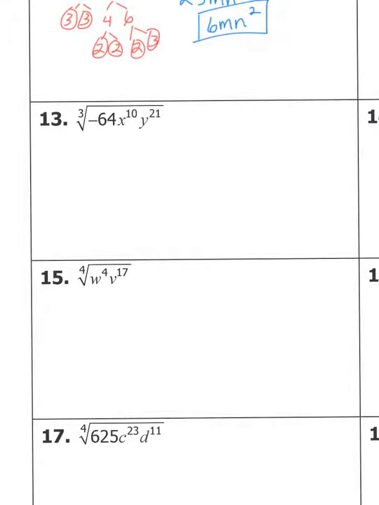For 13, you have an odd root with a negative value underneath, so automatically the answer is going to be negative. So if you prime factor 64, stretch out, you got 6 2s.